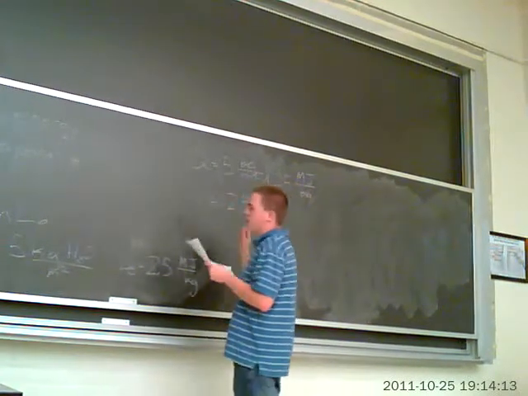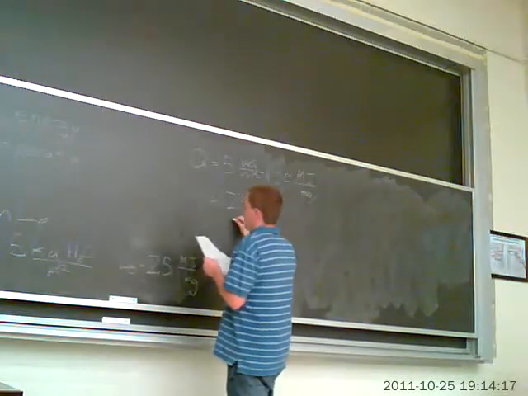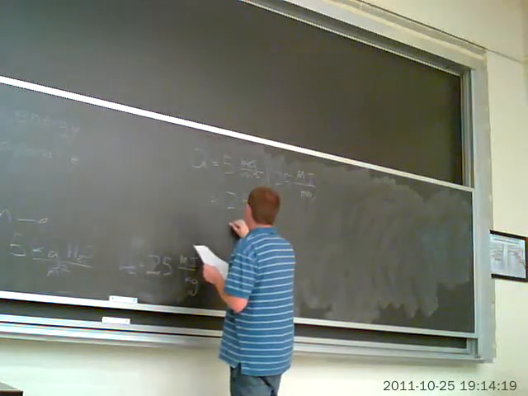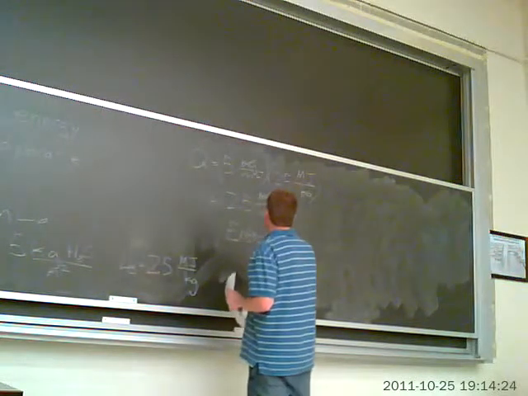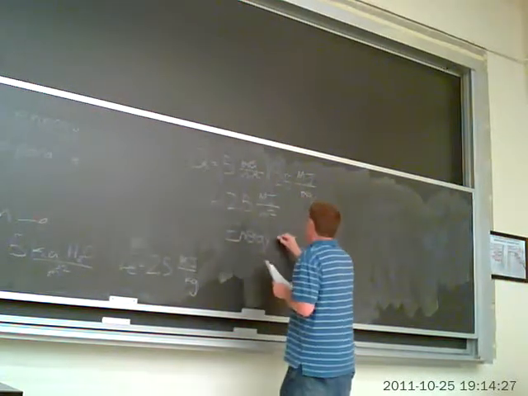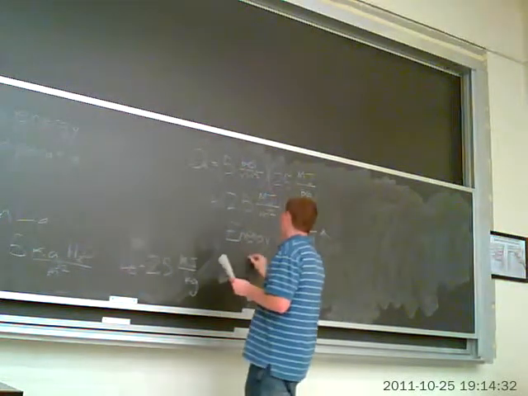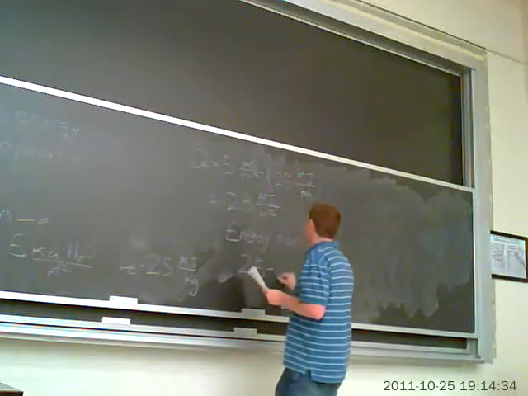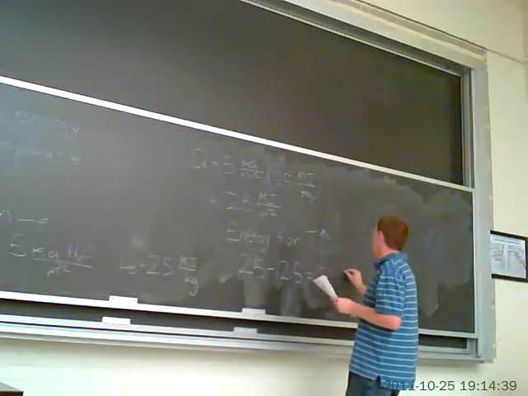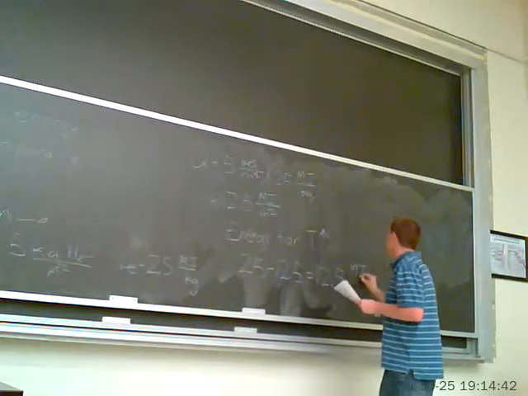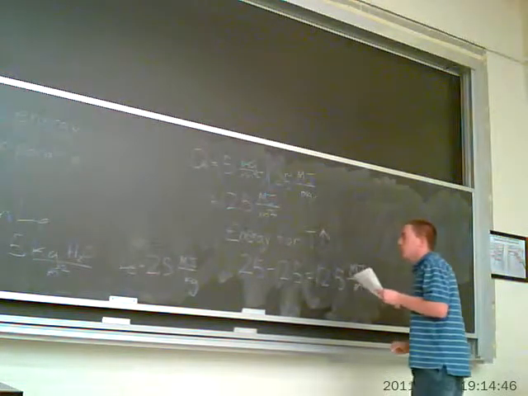So then you got to determine how much energy you have left for the actual temperature rise. Energy for temperature rise is, you have 25 coming in, you're using 12.5 of it to evaporate. So you have 12.5 megajoules per meter squared for temperature rise.